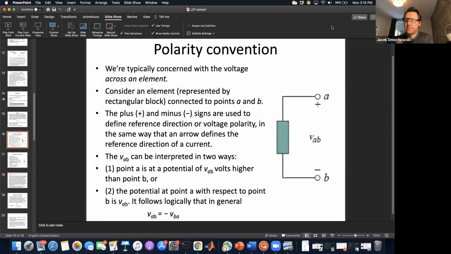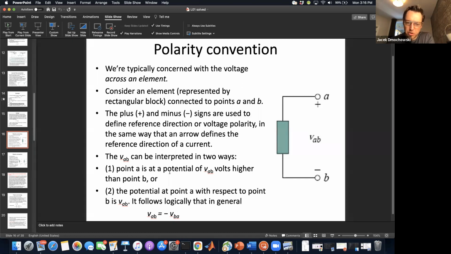So another thing about voltage is that, again, you have this notion of polarity. If point A is sitting at a voltage of VAB higher than point B, that's equivalent to saying that point B is sitting at a voltage of negative VAB over point A, right? So if you flip the positive and minus poles, then you just put a minus sign here and you're still good. If ever you need to switch the polarity across a circuit element, all you need to do is stick a minus sign in front of the quantity, right?